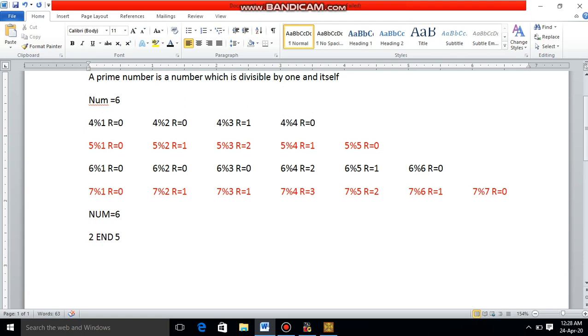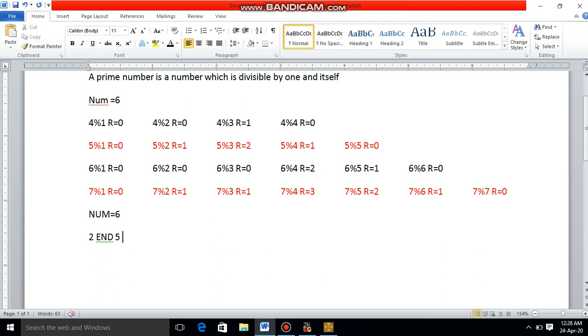When I divide by 5, it gives me a remainder 1. So I am getting a remainder 0. If I get a remainder 0 in any one case, then it is not said to be a prime number. So this is the thing which we have done. We start with 2 and end with 5, that is in case of 6.